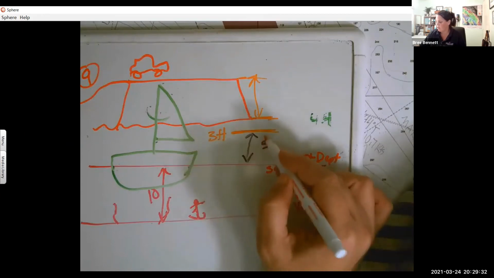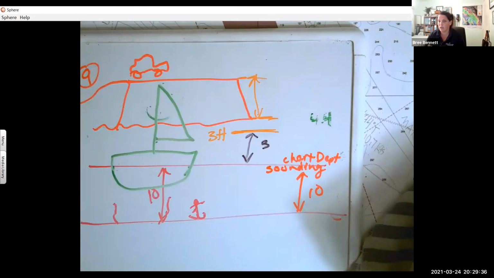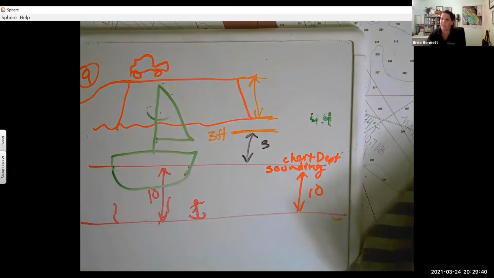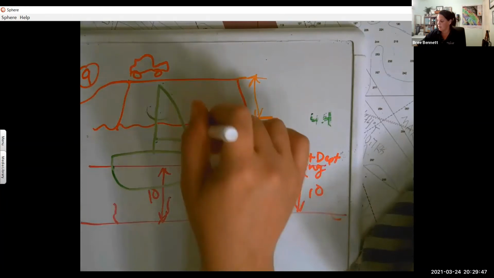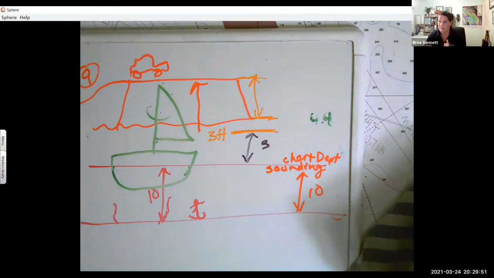I need 3 feet or smaller in order to get clearance under the bridge. So when's my cutoff point? When is it that I can no longer do that because the tide is rising? Essentially.